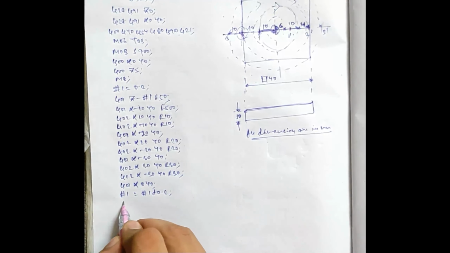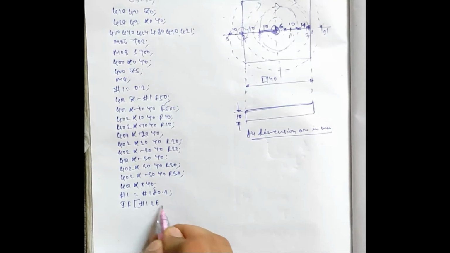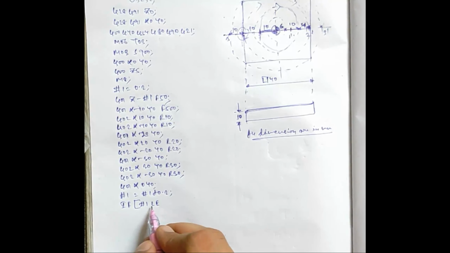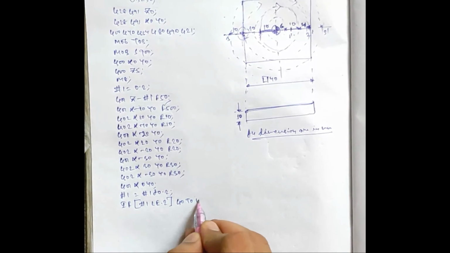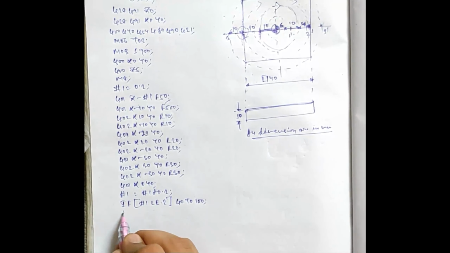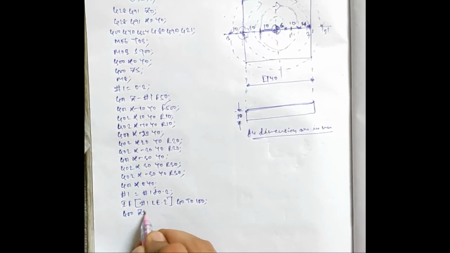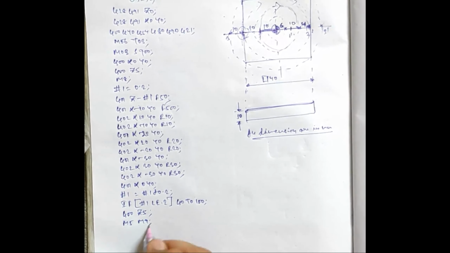Then if, in square brackets, X1 less than or equal to, so let's say you want to do facing up to 2 mm, you have to write it over here. Then go to and write. Then after writing that line, you have to take your tool inspector, not workpiece. Then M5 is your spindle off and M9 coolant off.